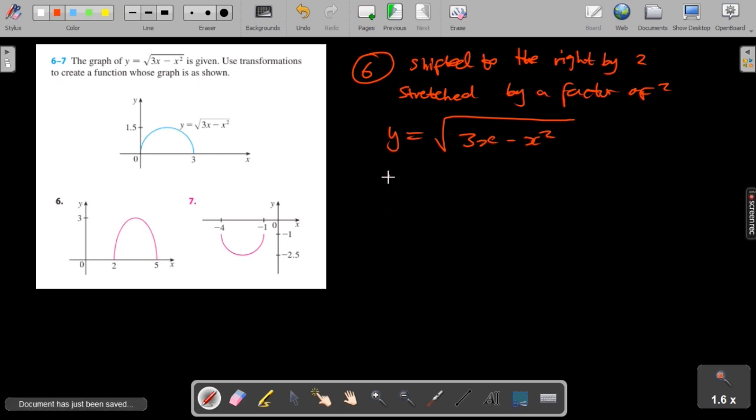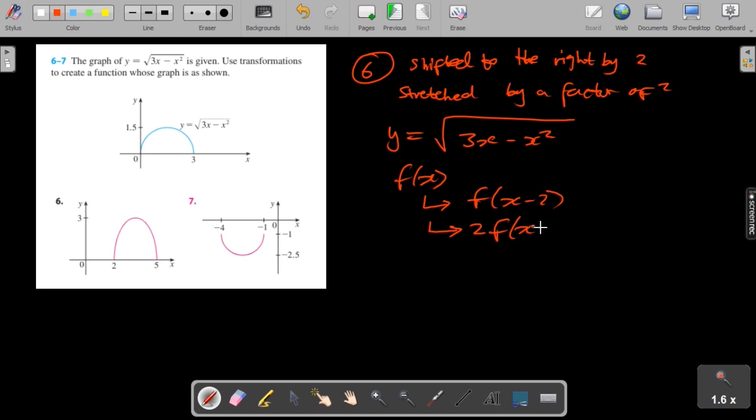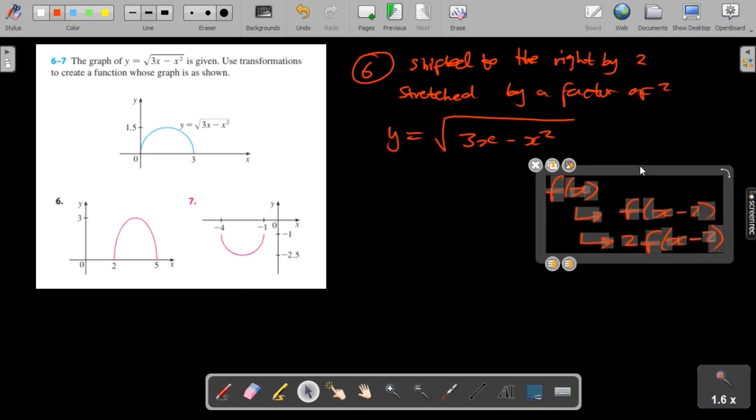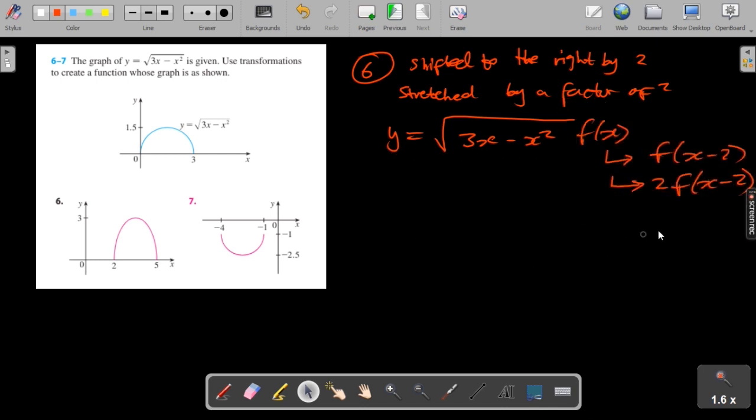So if this is our original, this is how we're going to apply what we have. If this was f of x, then to apply the transformation, to shift by 2, we'd have this. Then to stretch by 2, we'd have this on top of that. So you're going to have a right shift by 2, and we're going to have some stretching by 2.